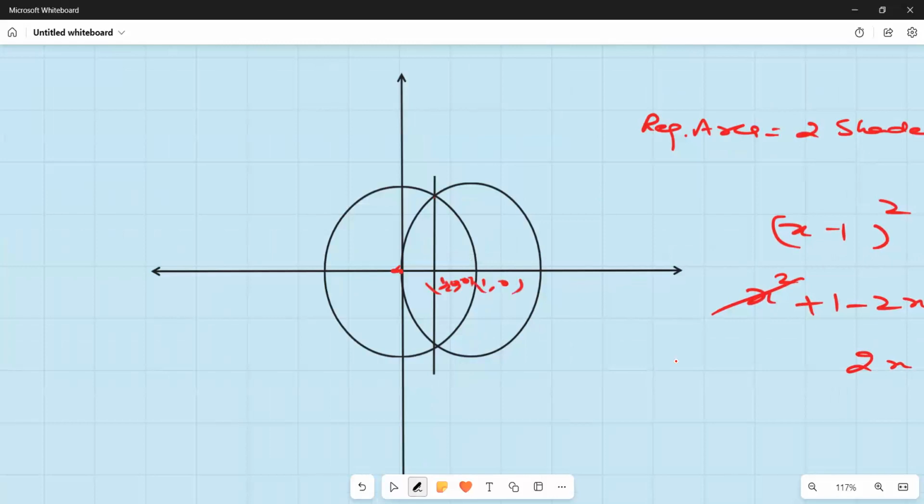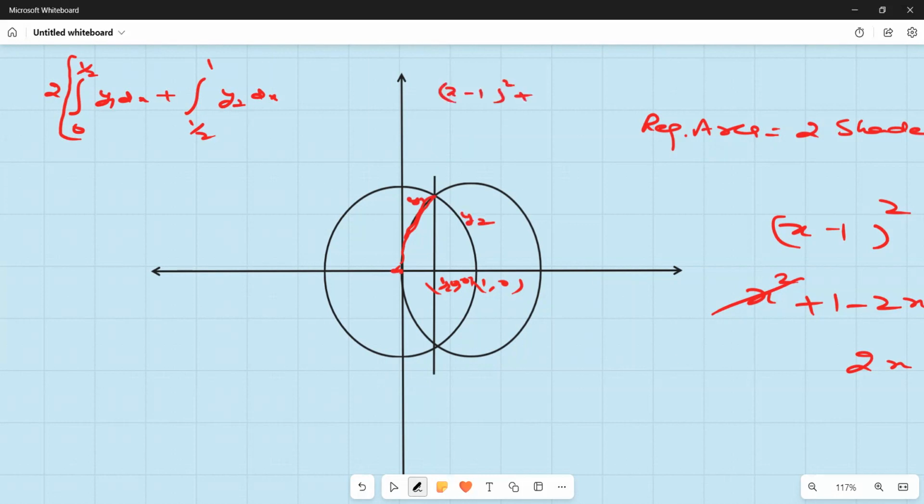So what is your area? Required area is twice of the integral from 0 to half of y1 dx plus the integral from half to 1 of y2 dx. Now y1 is which one? The first circle, this one. You are going to take this as y1 and this as y2. So y1 is, x minus 1 whole square plus y square is equal to 1. So find y1 from here.